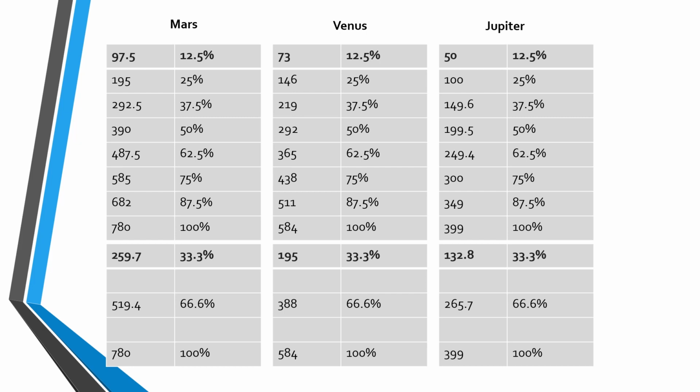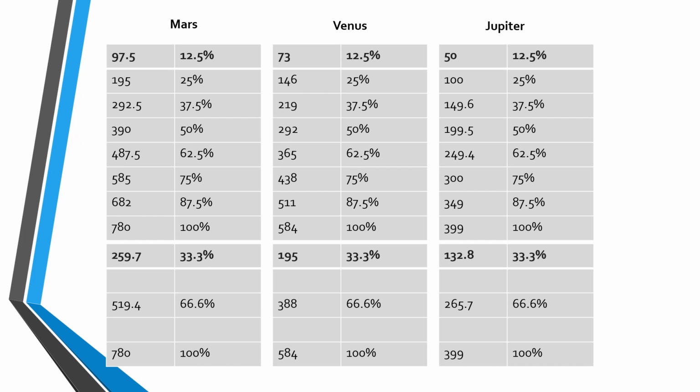So write these numbers down, and you're going to then be able to apply these to a price chart that you have printed off for your favorite stock or an index that you like to follow. For Venus, we know that the entire Venus cycle is 584 days.